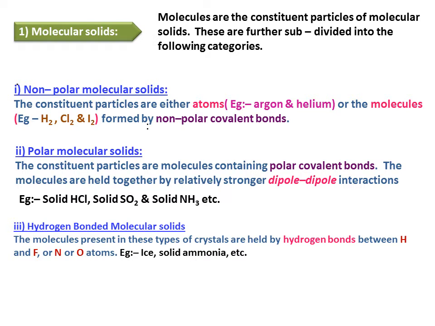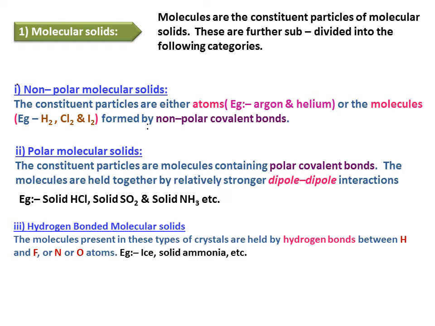First, non-polar molecular solids. These are molecular solids in which the constituent particles are either atoms of argon and helium or molecules like hydrogen, chlorine and iodine formed by non-polar covalent bonds. So here the constituent particles are molecules, and the intermolecular force is the non-polar covalent bond.